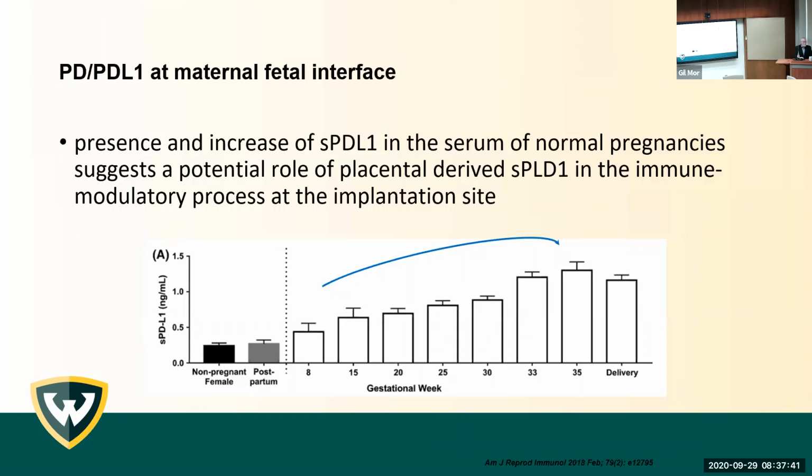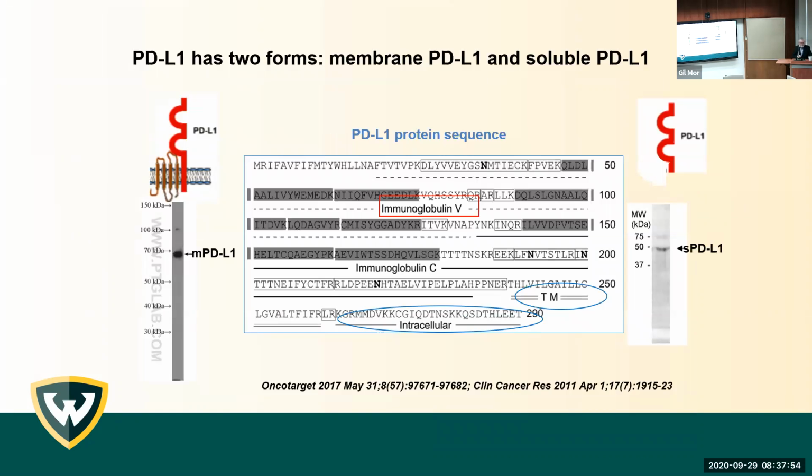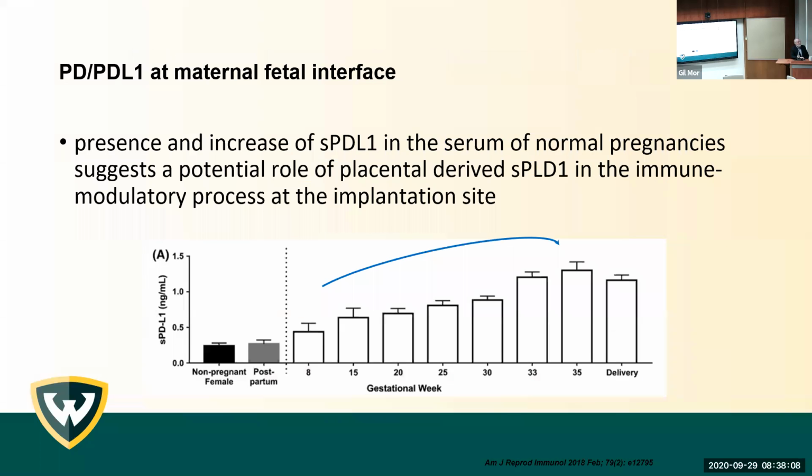Similar to what Professor Joaquim showed you, it has been reported that the presence of PD-L1 is detectable in the peripheral blood, and I think that was the origin of this slide. PD-L1, as you know very well, exists in a membranal form, but also as a soluble or secreted form. And that secreted form is detected in the peripheral blood of a pregnant woman.